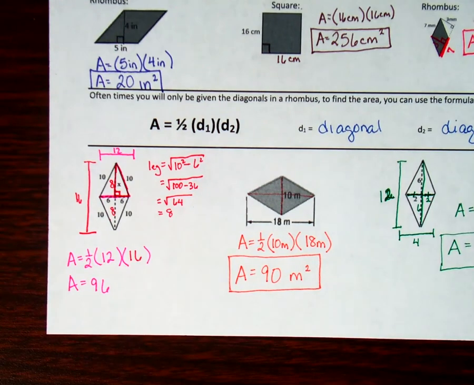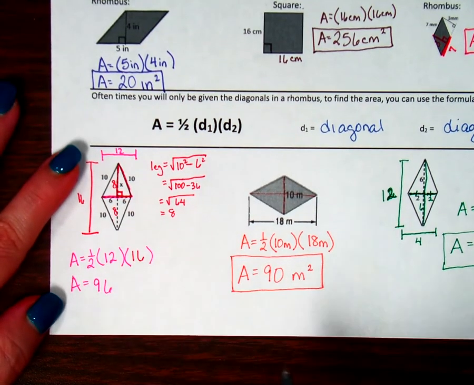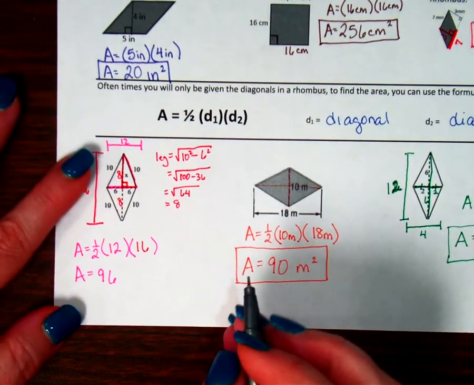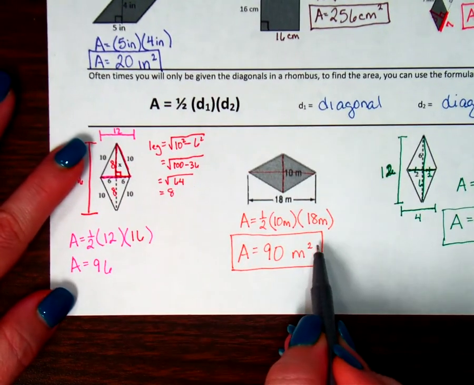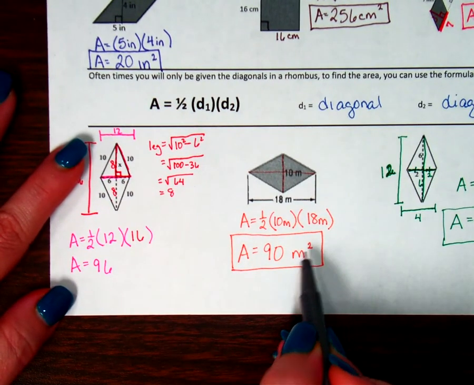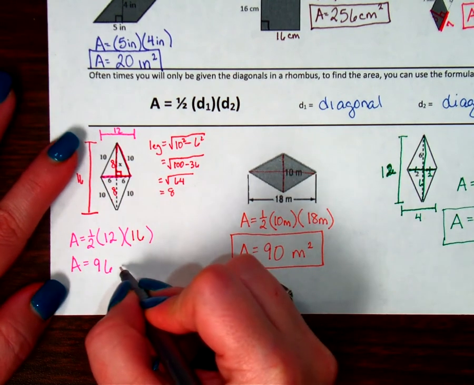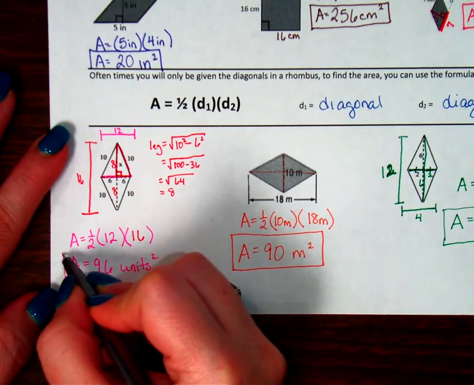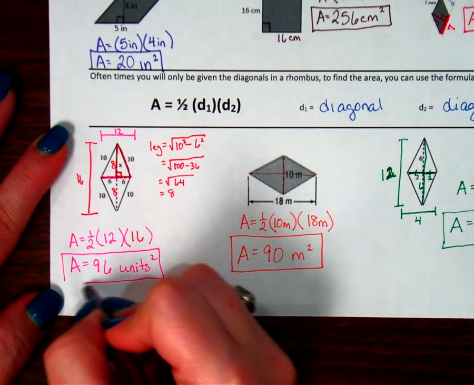Or I could do 12 times 16, which is 192, and then half of 192 is 96. But each time you just divide one thing in half. You never divide more than once. And then remember, since it's area, I should be using squared, but we don't put it on the number, we put it on the units. Squared.